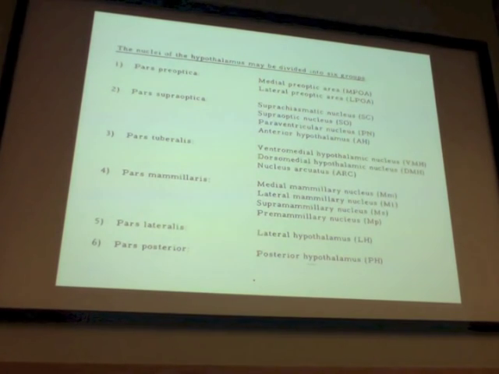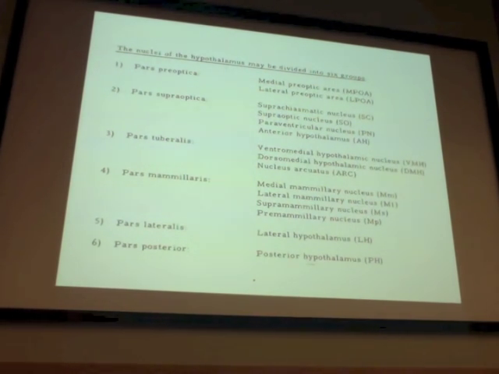So I try to simplify the structures that you need to know on this diagram, and it breaks down into 6 big areas: the preoptic area, the supraoptic area, the tubercle area, which is around the stalk, the mammillary area, which is around the mammillary bodies, and then there's a posterior and lateral part to the hypothalamus.